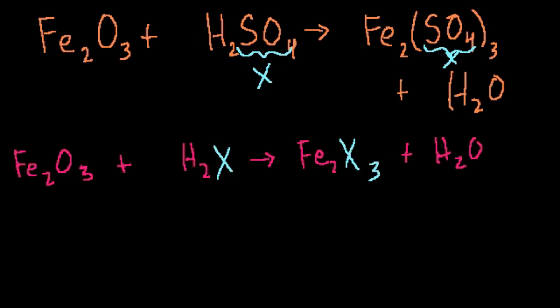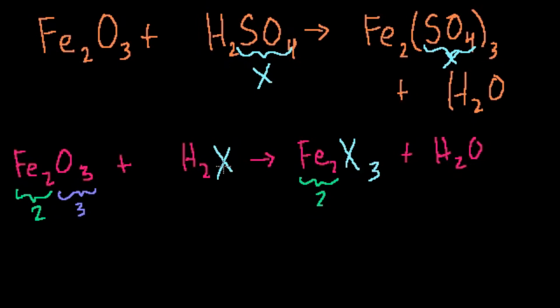So let's see, on the left-hand side, how many irons do we have? We have 2 irons here, we have 2 irons there. So the irons look balanced at first glance. Let's deal with the oxygens. We have 3 oxygens here, and we only have 1 oxygen here.